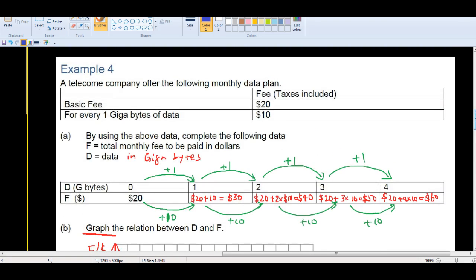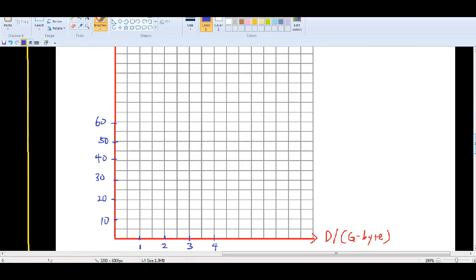So what are the points? When it's 0 it is 20, when it's 1 it becomes 30, when it's 2 it becomes 40, 3 becomes 50, 4 becomes 60. Let's draw the line.